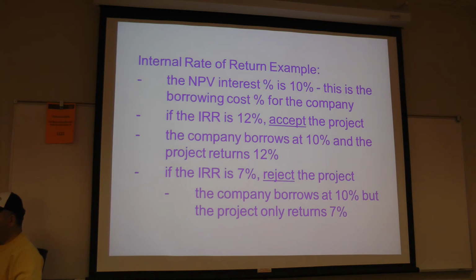The company borrows at 10%, and the project returns 12%. If the internal rate of return calculation is 7%, you reject the project. This means that the company borrows at 10%, but the project only returns 7%. That doesn't make sense. The project has to return at least 10%. If the project only returns 7%, this project is unprofitable.